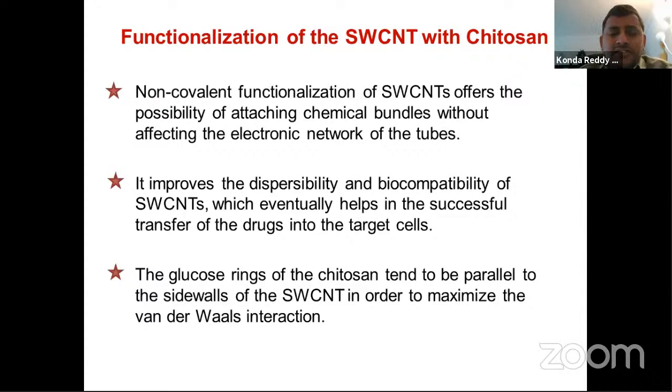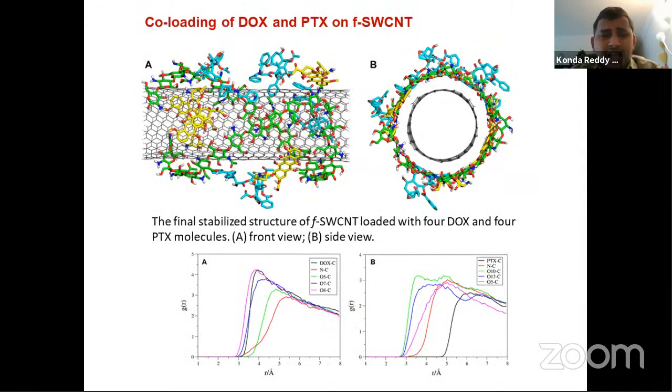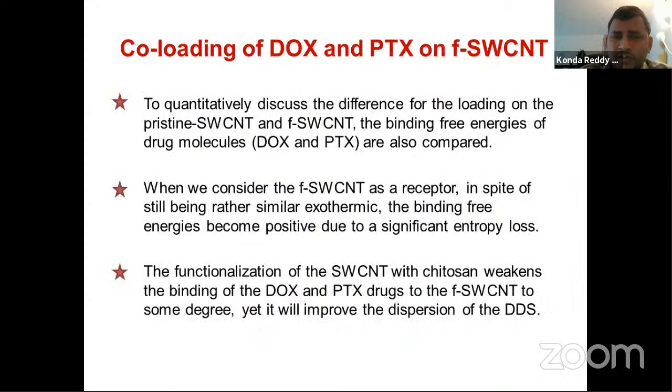This means we mostly found van der Waals interactions. Then we looked again at the co-loading in the functionalized carbon nanotubes. I don't see the drug molecules binding to the chitosan; they majorly bind to the carbon nanotube, wherever they find space.